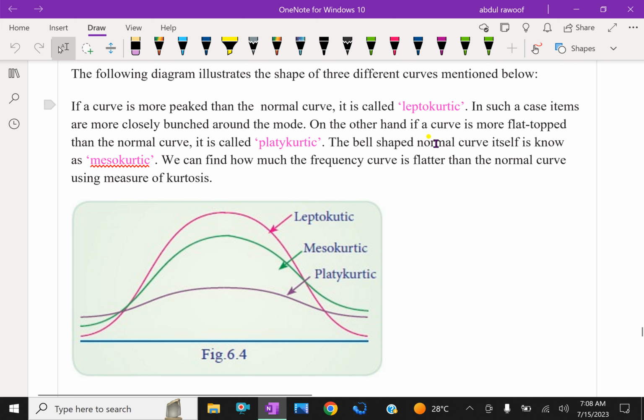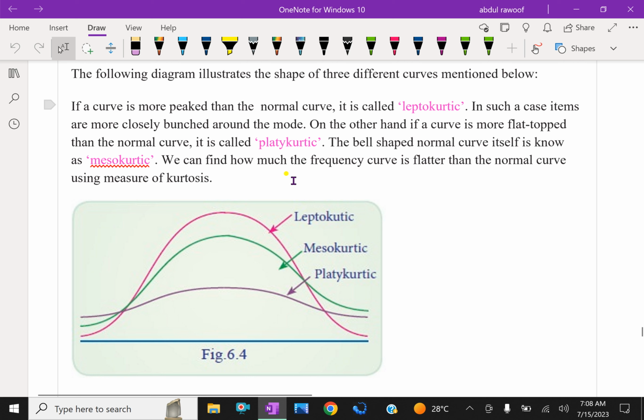On the other hand, if a curve is more flat topped than the normal curve, it is called platykurtic. The bell-shaped normal curve itself is known as mesokurtic. This bell shape is mesokurtic, that is green.